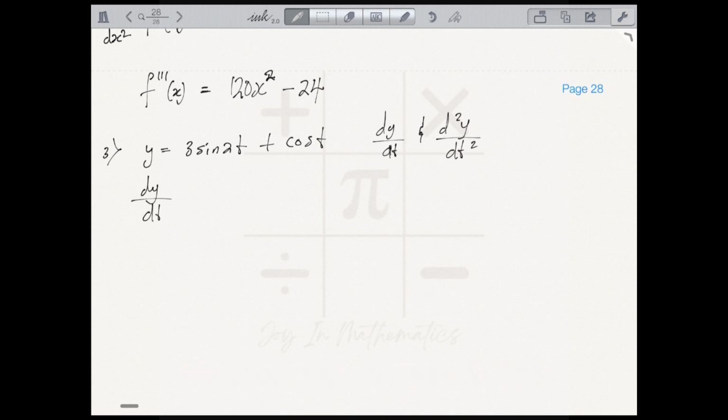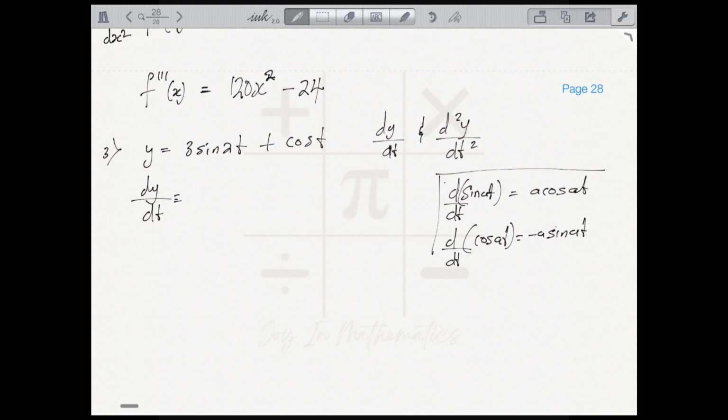Now let's evaluate dy/dt. We are going to be applying two principles. When we differentiate sine at, we are going to have a cos at, and when we differentiate cos at, we will be having a minus a sine at. These are examples that we have done in differentiation of y equals sine ax, that's the third video in this series.